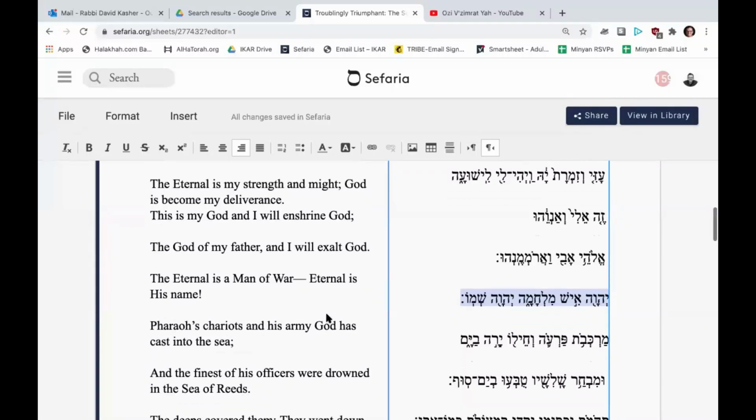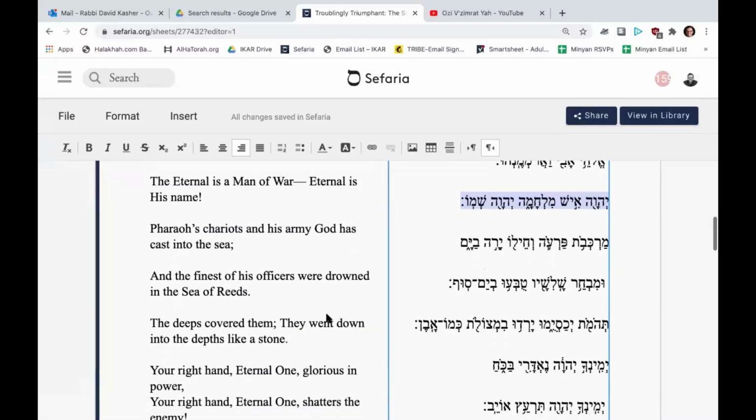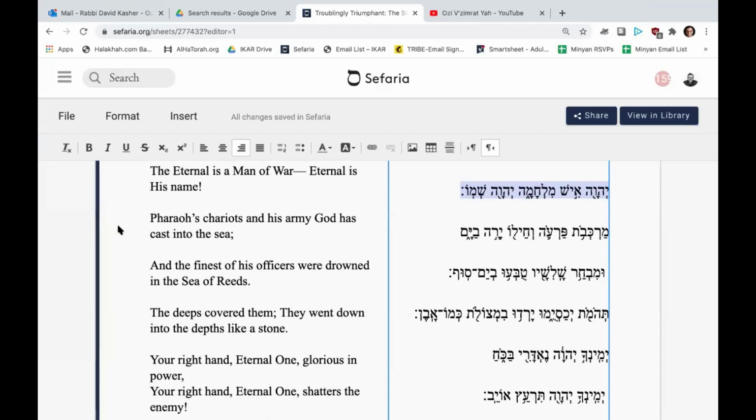What kind of rendering is this of what we just saw? But here comes the poet actually now telling the story. So Pharaoh's chariots and his army God has cast into the sea, and the finest of his officers were drowned in the sea of reeds. Markavot Paro v'chelo yara vayam umivchar shalishav tuvu v'yamsuf.